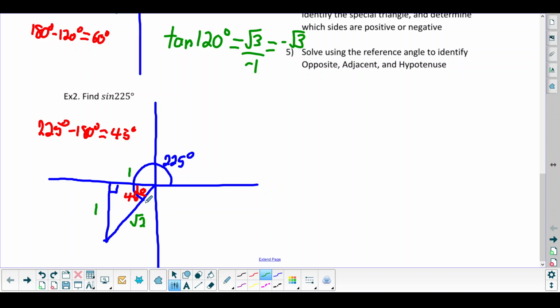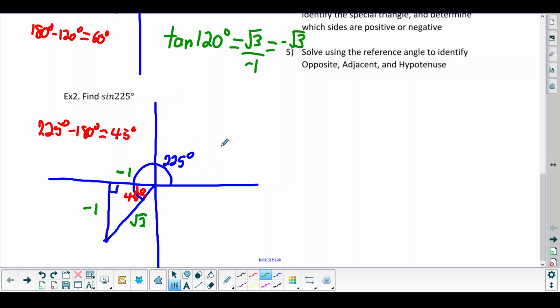And we need to label which of these values are positive and which ones are negative. Okay, so our x, our horizontal value, is going to be negative in this quadrant. And our y is going down. The vertical piece is going down. So that's also negative. So both of these values are negative. Remember, the hypotenuse, terminal arm, always positive. Only the other ones are going to have negative values.